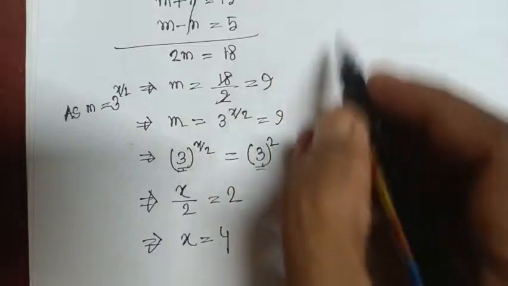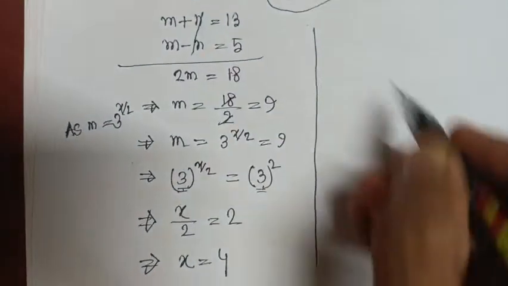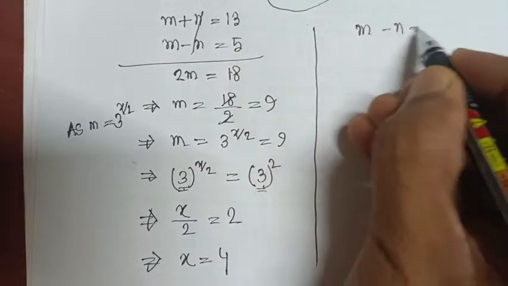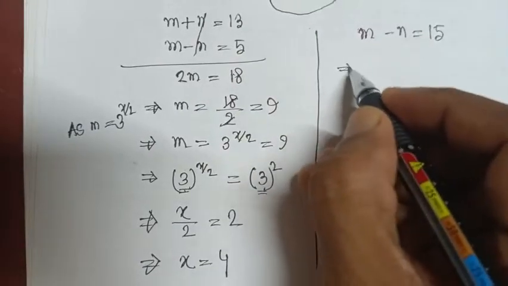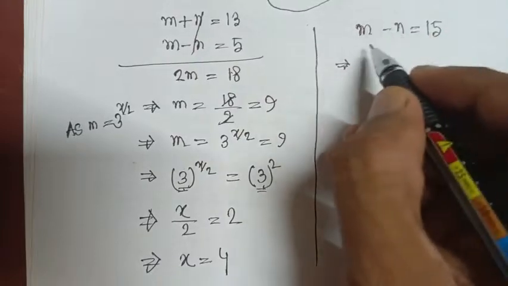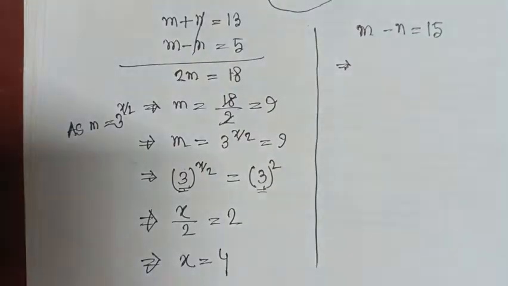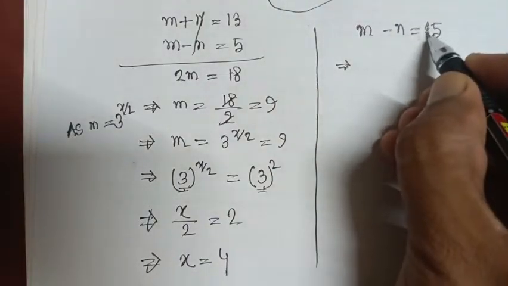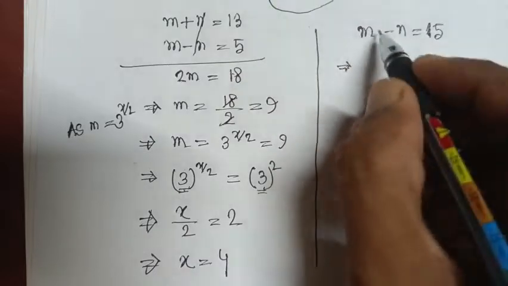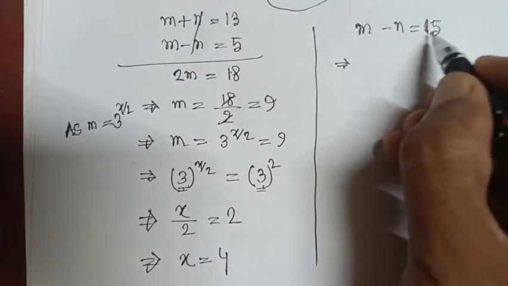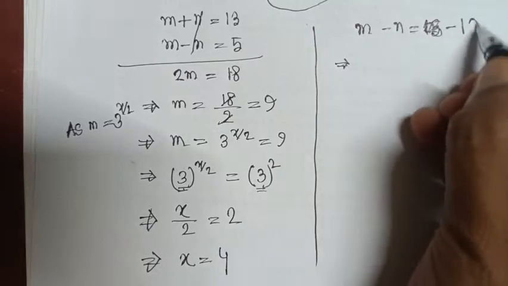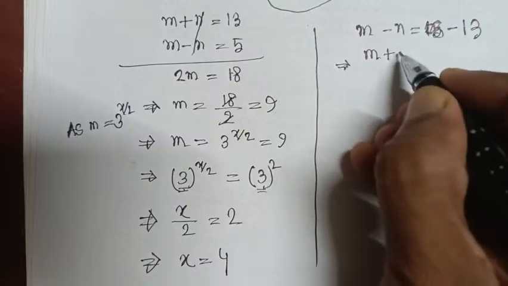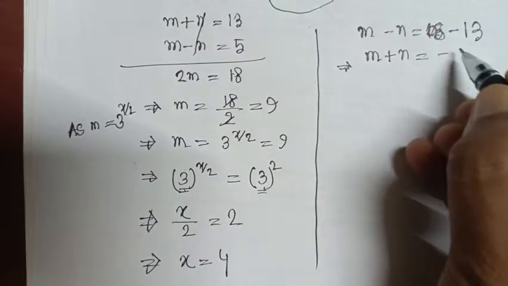Now for case 2, if we consider the other solution, m minus n is equal to minus 13 and m plus n equals minus 5.